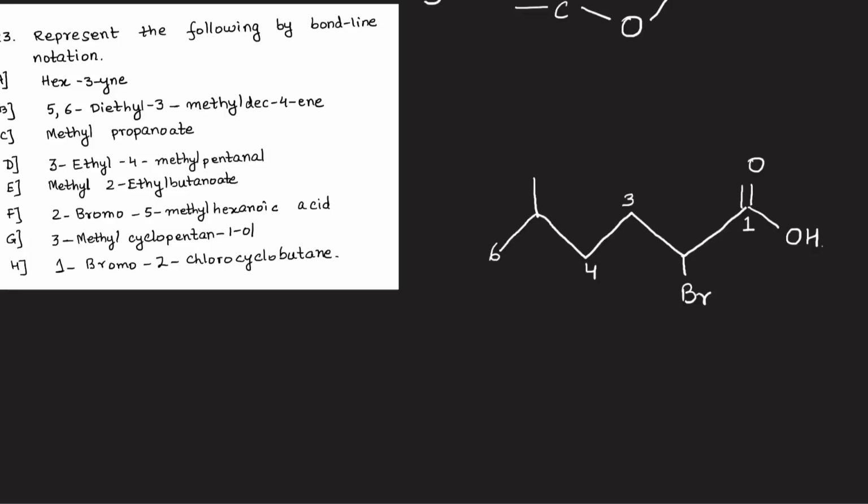You could take numbering 1, 2, 3, starting from the left hand side. In that case, your C double bond O OH group will come to the left hand side and the bromo will go to the right. The methyl will go to the right hand side. So accordingly, you will have to number very, very carefully. Enjoying it now? It becomes pretty easy, right?